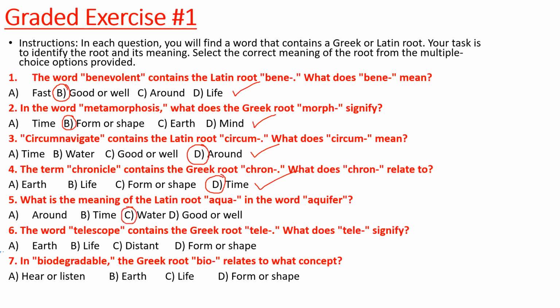Water. And tele. What does that mean? Distance. See, distant. And biodegradable. What does bio mean? Life. See, life. Good. How many persons got 7 over 7?